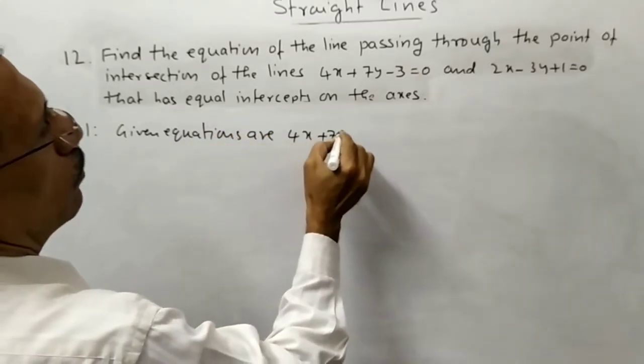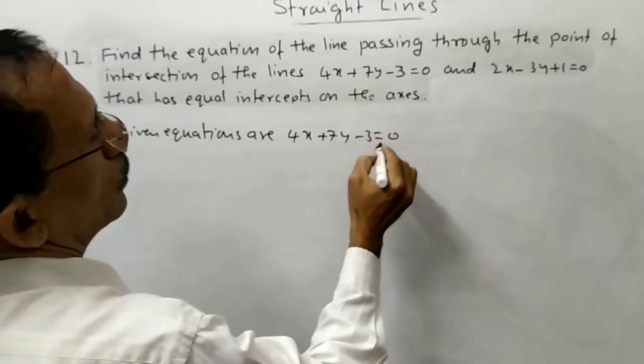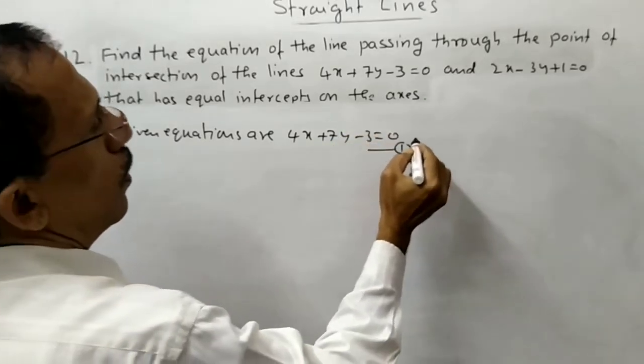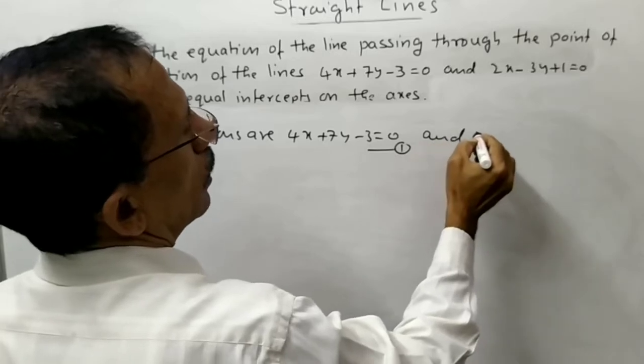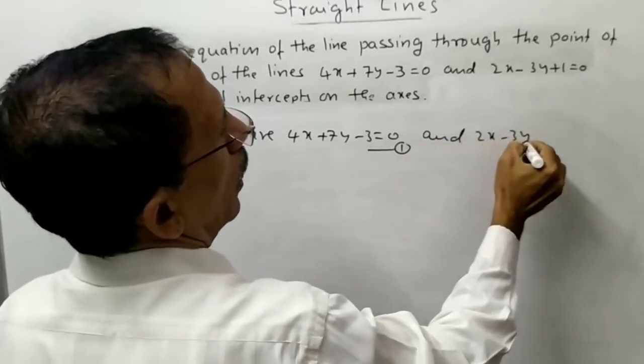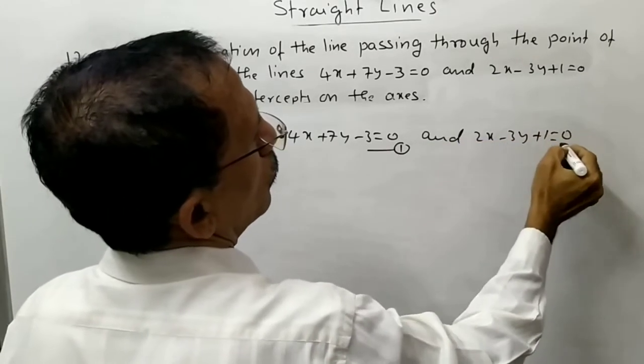4x plus 7y minus 3 is equal to 0, say number 1, and 2x minus 3y plus 1 is equal to 0, say number 2.